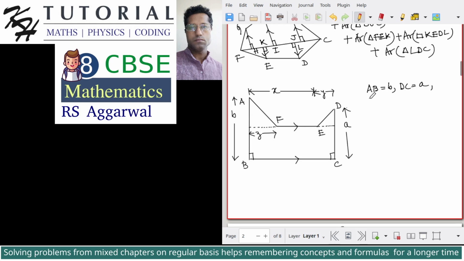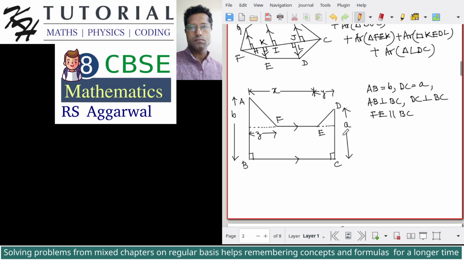AB is perpendicular to BC, and this DC is also perpendicular to BC. And it is given that FE is parallel to BC.